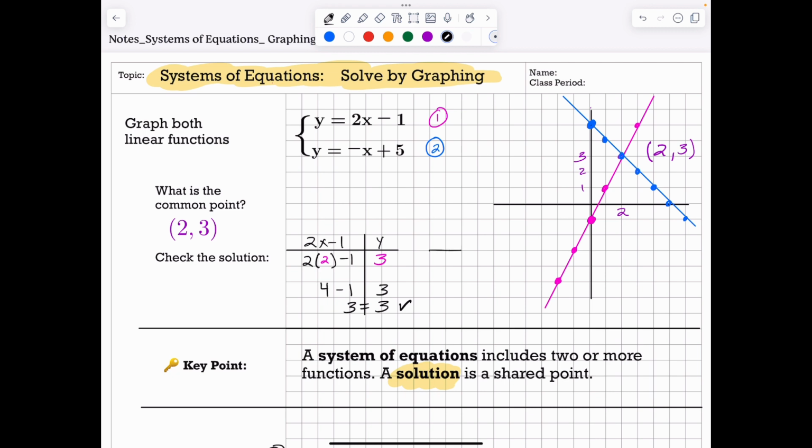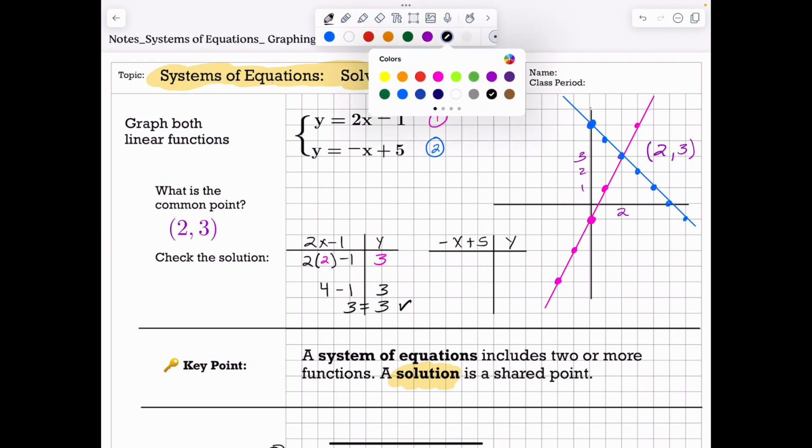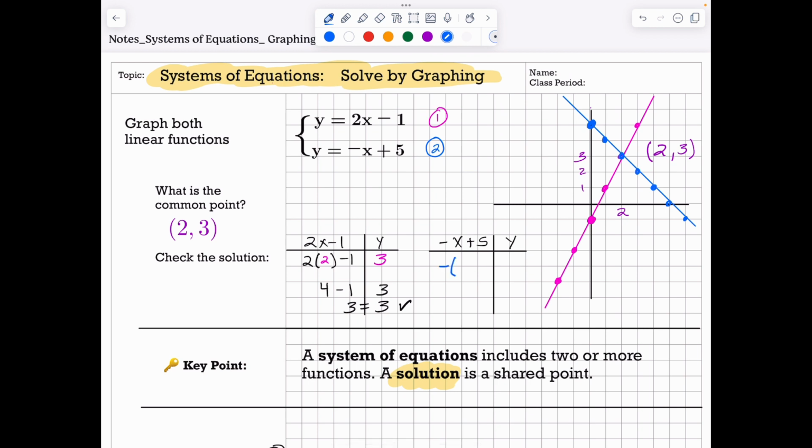I'm going to build another t-chart for the other line of this system. So negative x plus 5 is equal to y. Be careful about that sign right there. I'm plugging in 3, but my equation is the negative or the opposite of my x value.